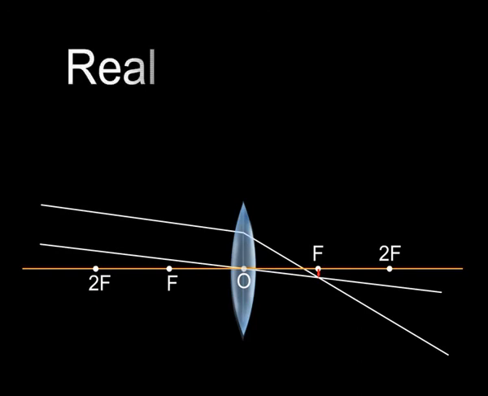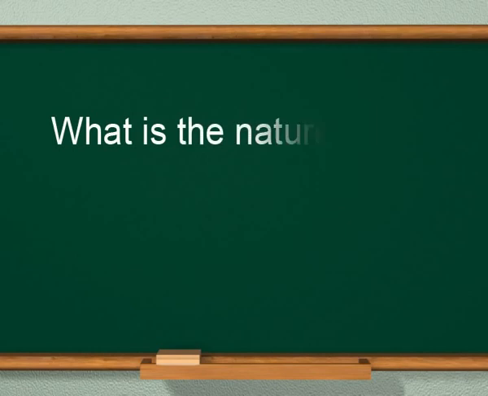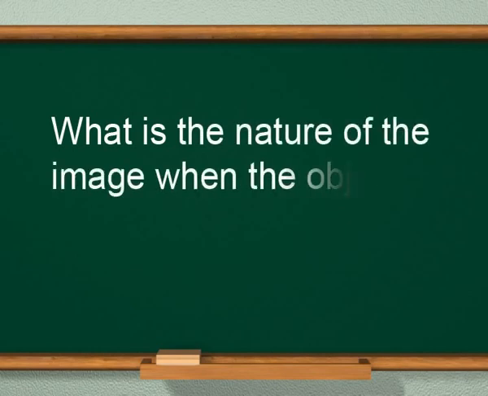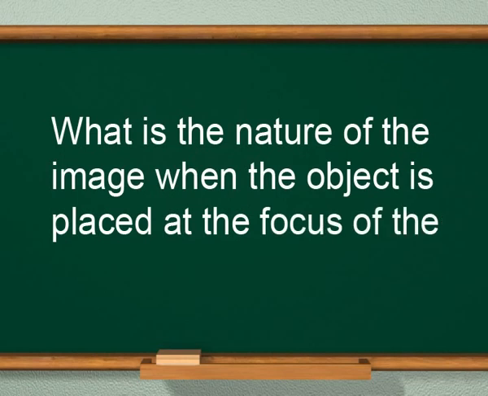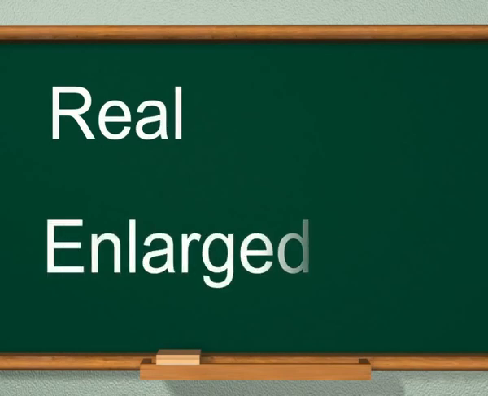It is real, inverted and highly diminished. Next question, what is the nature of the image when the object is placed at the focus of the lens? Answer, image is real, enlarged and formed at infinity.